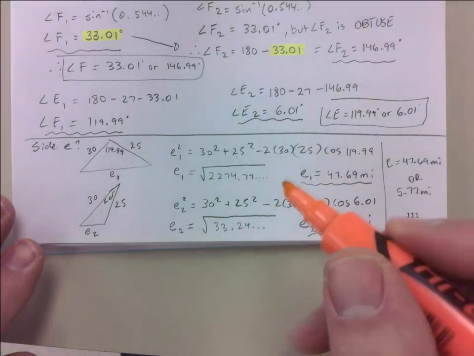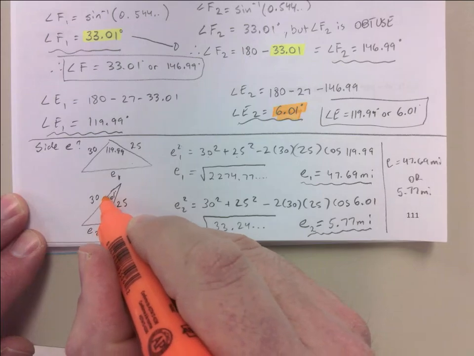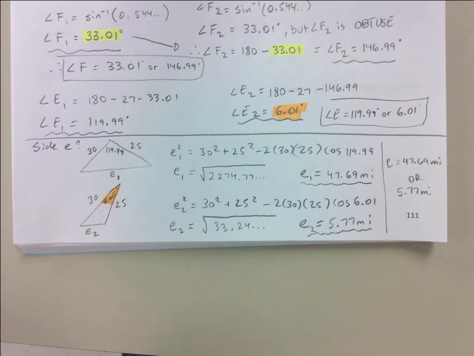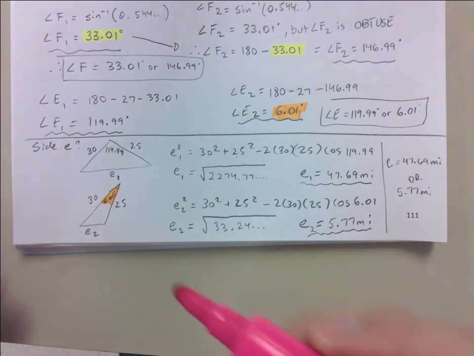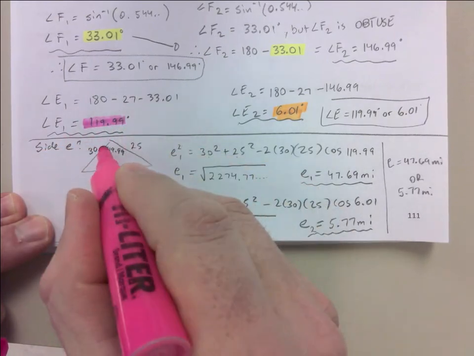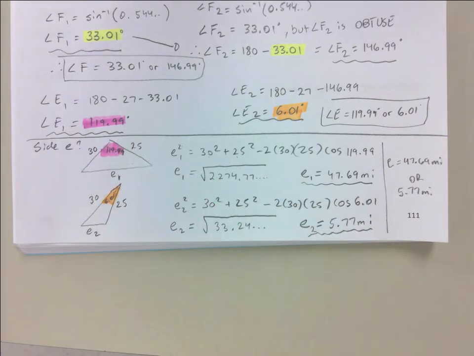I'm going to say that this 6.01 is what I use in this triangle, right? It's that small angle there. And it's the 119 here that goes over here. Okay, I'm using those to use cosine law.